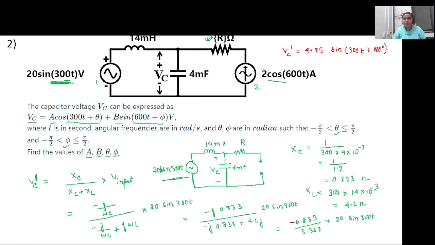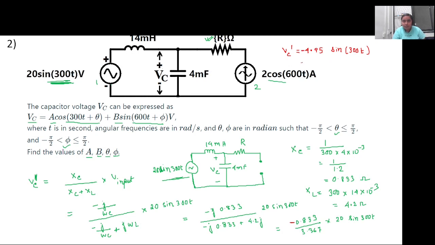So will it actually be 180? Let me just write it up to here. So the value that is coming up is minus 4.95 sine of 300t, right?